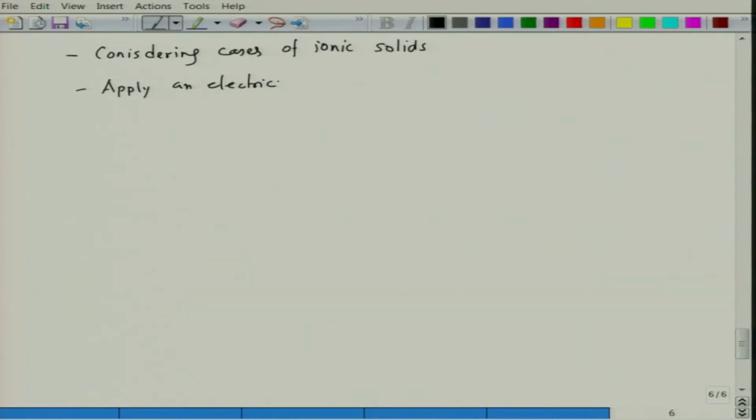Now, as compared to this relaxation, the frequency scale at which ionic and electronic polarization will develop will be very fast. So, basically when you apply an electric field, you will develop almost instantaneously electronic and ionic polarization, right, because they are very fast.